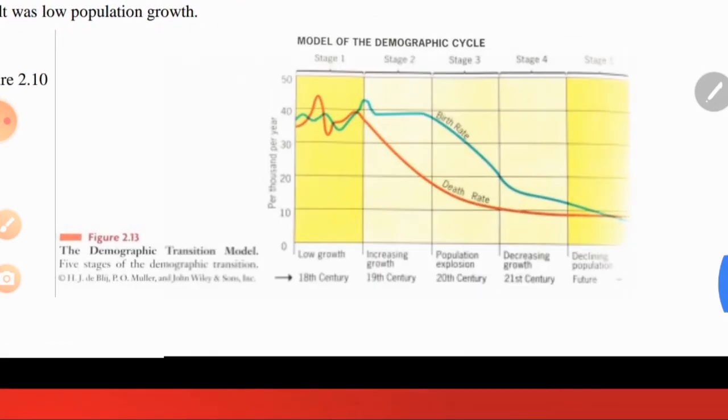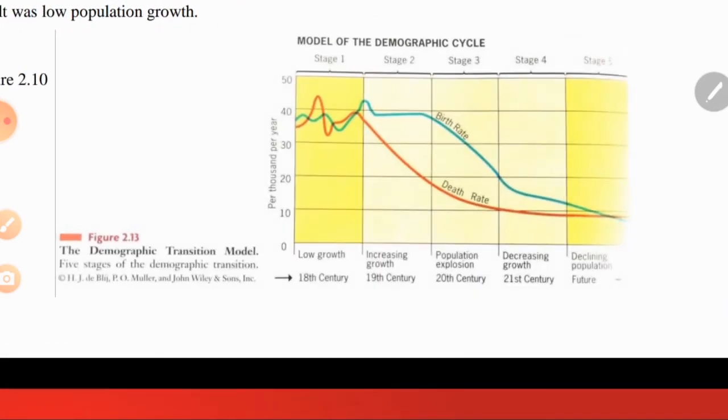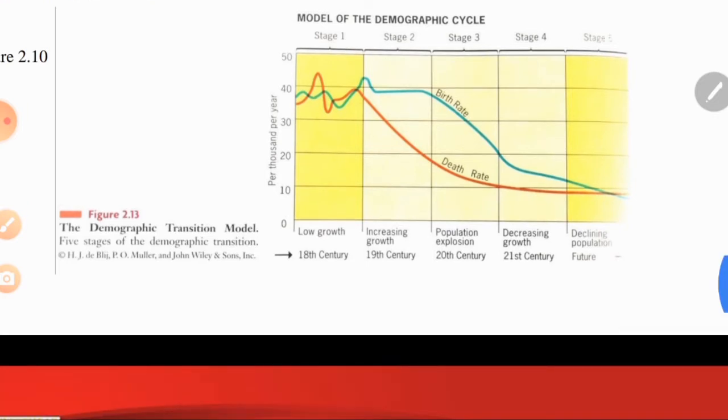Here you will notice in the demographic transition model, in some phase, if you look at the death rate, it is because in this time epidemics and plague were common, because people were not yet medically advanced.